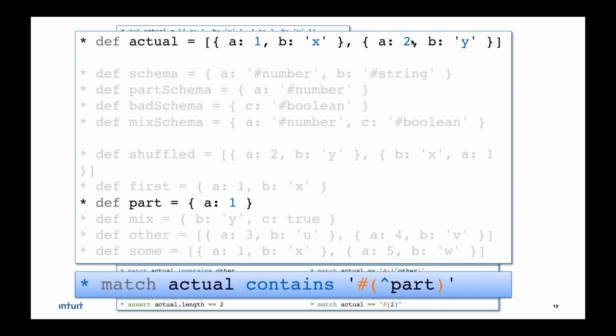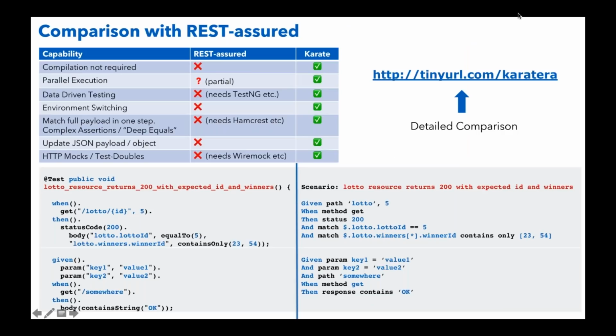It's actually a very sophisticated assertion, if you think about it, because you're checking whether an array called actual contains a partial object where you're only interested in whether the key property A is equal to 1. And this is really useful. If you do this in Hamcrest or Java, you'll be writing a lot of code.